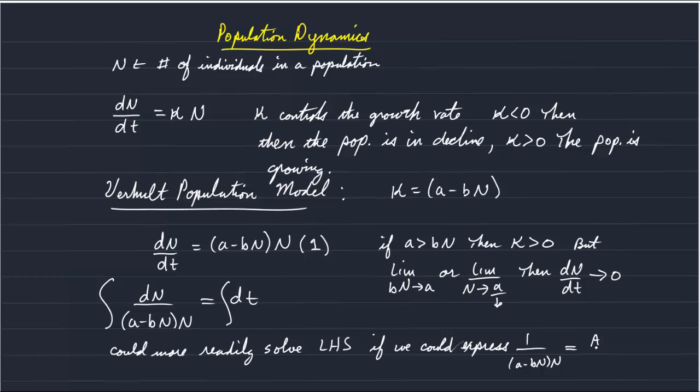So that has the form of a, some constant, over a minus b times n, the first function of n, plus b over n. So these are partial fractions.